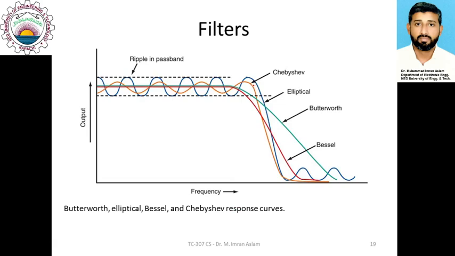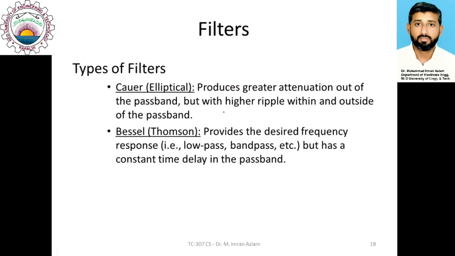This orange line here is the Chebyshev filter's curve. You can see that it has a very sharp transition here. The filter response decays sharply to the stop band. So it has a very narrow transition band, but it has ripples in the pass band. You can see the certain ripples in the pass band depicted by this response.